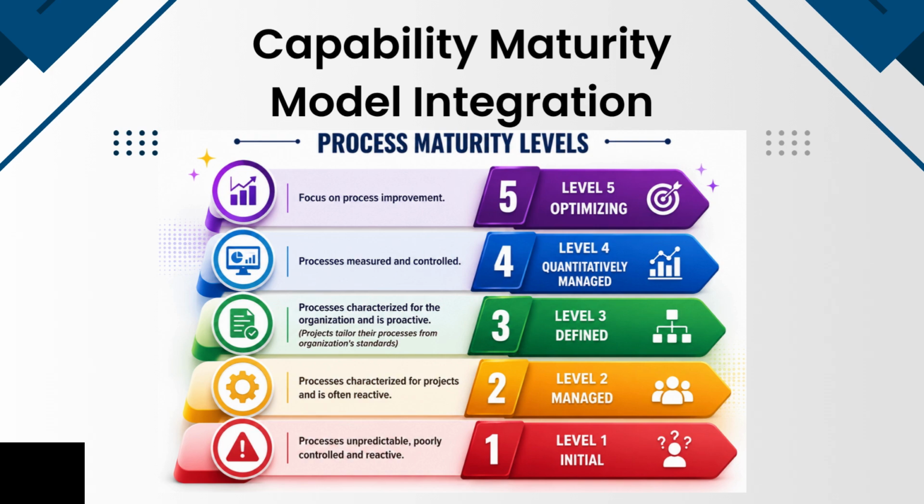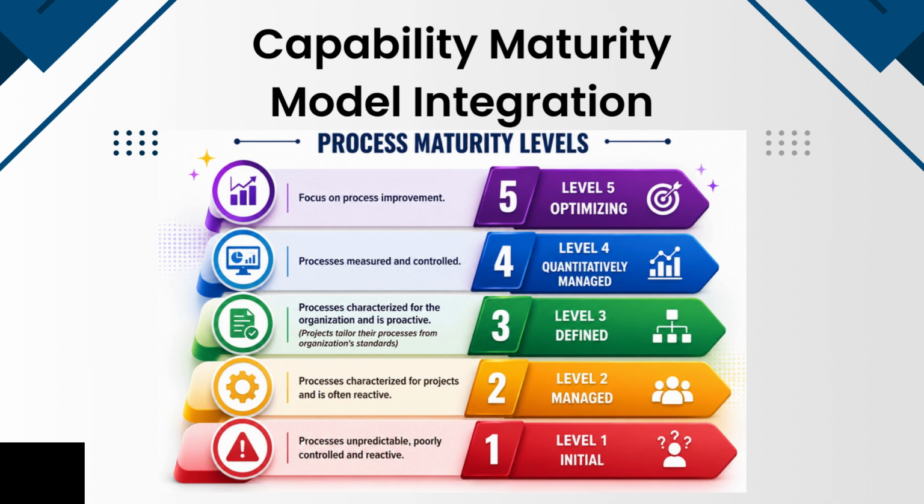Level 4, Quantitatively Managed. Next is Level 4, known as Quantitatively Managed. At this level, the organization measures and controls its processes using data and performance metrics. Important information such as project cost, completion time, quality, and productivity is collected and analyzed. This allows managers to make decisions based on accurate data rather than assumptions.